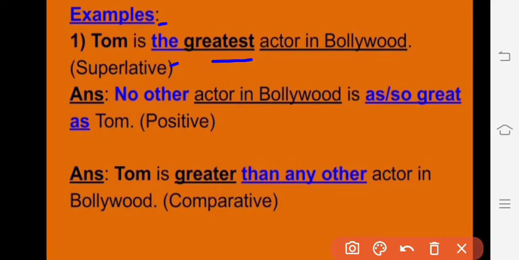Now if you want to convert into positive degree first, add no other. When the est or the most is given in the sentence, you have to convert by adding no other into positive degree. So, no other actor in Bollywood is as or so great as Tom.